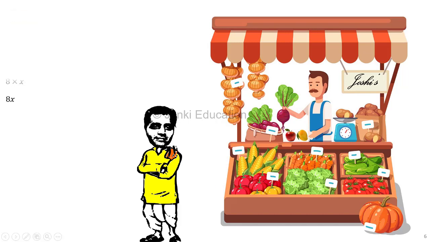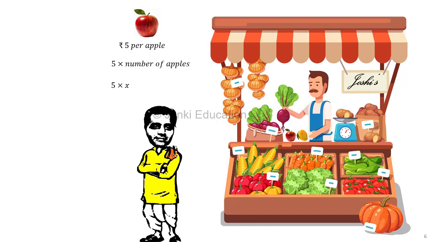Now suppose this gentleman purchases some apples and the rate for an apple is Rs 5 per apple. How much money will he pay? Yes, he will pay 5 times the number of apples. Here also, we don't know how many apples he purchases, so we take the value x.